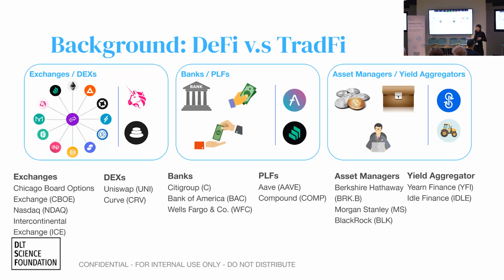The DeFi or decentralized examples we list here are Uniswap and Curve. Those are two major DeFi exchanges, decentralized exchanges. They are also AMMs, automated market making based exchanges. But for now, this is not relevant to this topic.